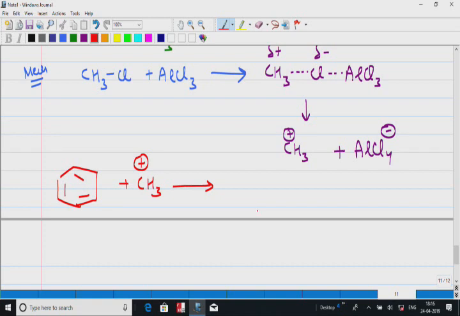You can write all of these steps again, okay? But I am not writing them here, I am directly writing the product. So what will I get? I will get CH3 here, okay? Do you know the name of this compound which I got in the product? What will you call it when you get a methyl on the benzene? What is the name?